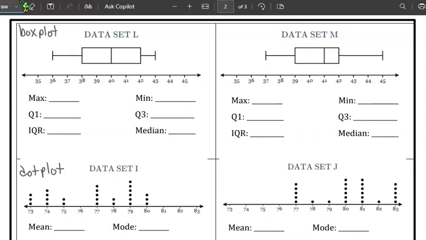Dataset L is a box plot where the minimum is right here, the maximum's here, and then we have quartile 1, quartile 2, quartile 3, which, by the way, quartile 2 is also known as the median.